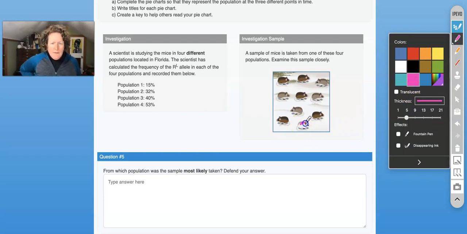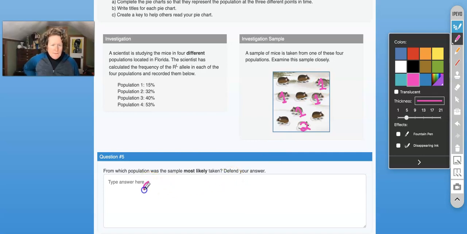We know this light mouse has 2 light alleles, and every medium mouse has 1. Because remember, medium mice have 1 dark allele and 1 light allele. So if we add up the total number of alleles here, we have 2, 3, 4, 5, 6.